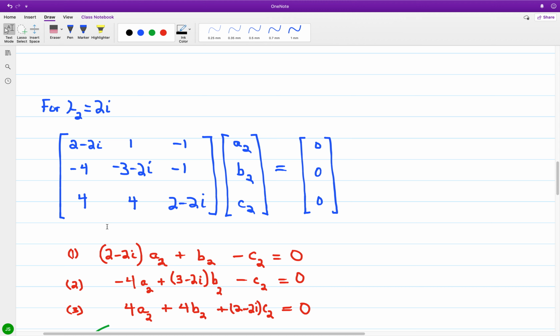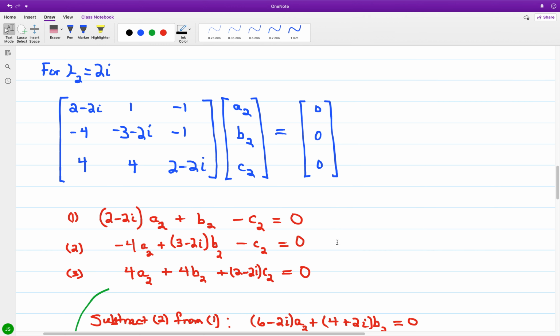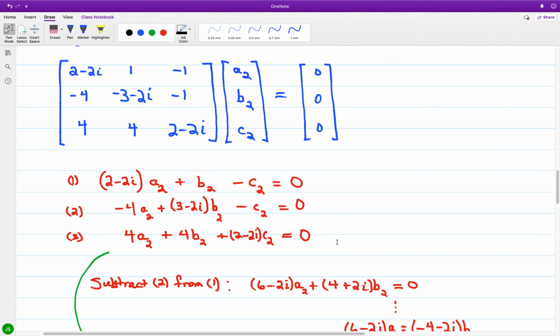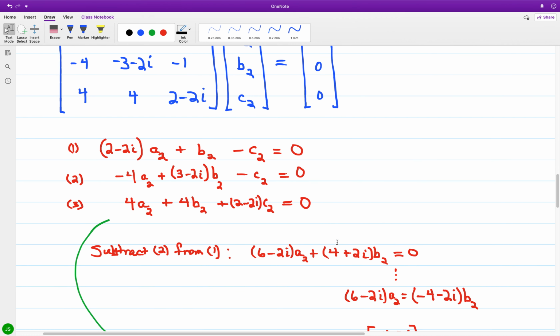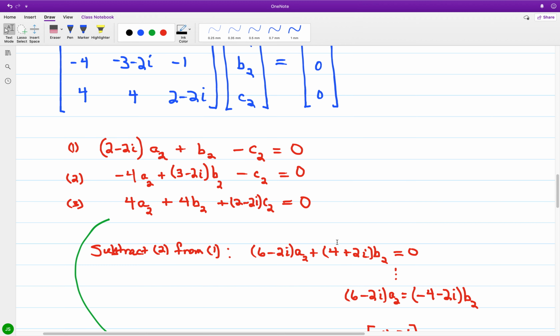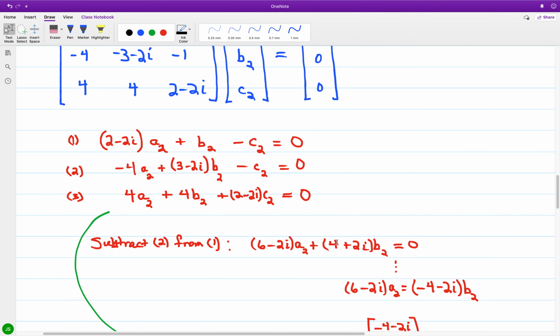And if I form another equation, you have negative 4 with a of 2, negative 3 minus 2i with b of 2, minus 1 with c of 2. And we have a third equation working with the bottom row, so you have 4 mapping with a of 2, the next 4 mapping with b of 2, and 2 minus 2i mapping with c of 2. And we're trying to provide a link among a of 2, b of 2, and c of 2, which will be the coefficients of the second eigenvector.